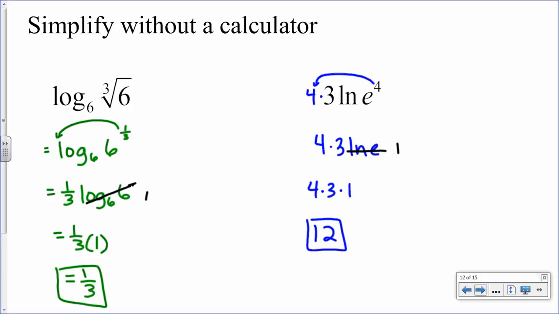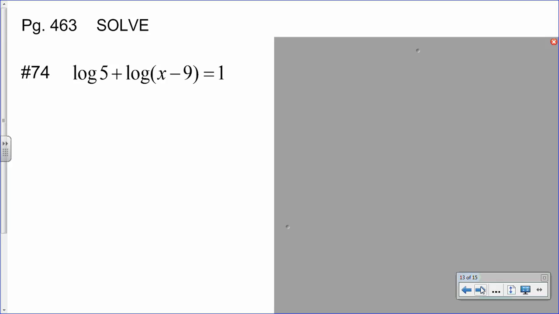Okay, now we're going to solve. So when you are solving, it should say the word solve, and you should see a variable, something you're solving for, and an equal sign.